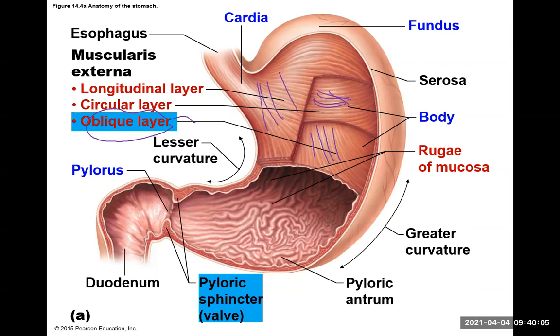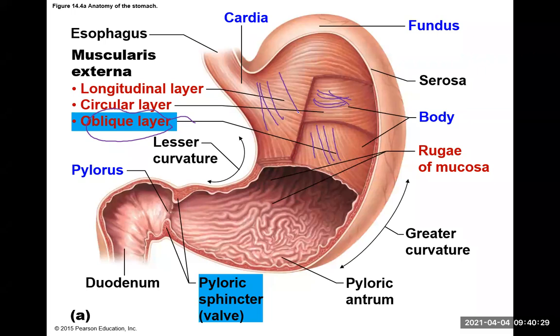Now you might ask me a question: why do we have this additional layer? The reason is that we want additional protection for the stomach. Because the stomach will always churn the food. Look at my hands. It's mixing the food, churning the food. It squeezes like this, twists like this, right?